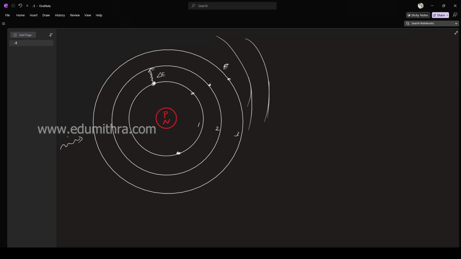Since the electrons jumped from a lower orbit to a higher orbit, it absorbed some energy from the light. That is why it is missing there. That certain color, or the energy corresponding to that color, is missing. Again, the same electron can jump directly to the third one, and it will absorb the energy corresponding to that.